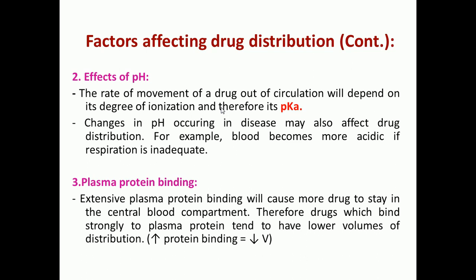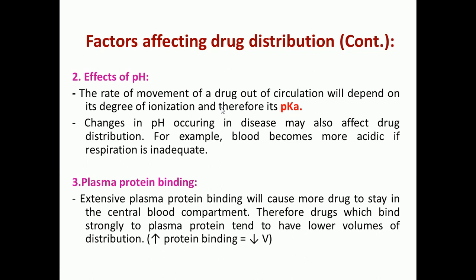So if blood becomes more acidic, if respiration is inadequate, from the buffer system of the blood, if you remember, what is acidosis? Acidosis is when the blood pH drops significantly from the normal towards the acidic side. And what is alkalosis?